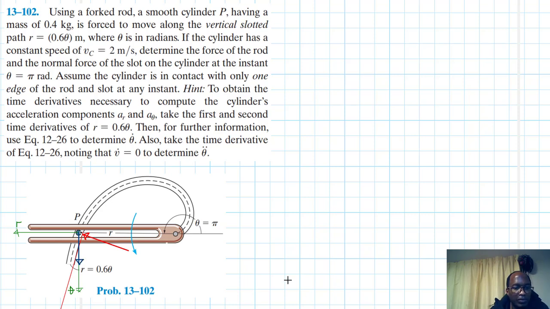And then we have the force from this forked arm. So we have that force like so. Let's label this. This is W, this is F, and this is the normal force N.